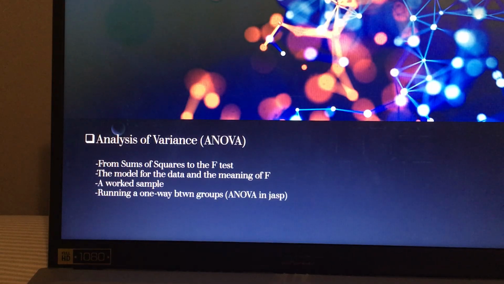So just like we saw with the word significant, the word error has a technical meaning in statistics that isn't quite the same as it is in everyday English. So in everyday language, error implies some type of a mistake, but in statistics, it doesn't, at least not necessarily.